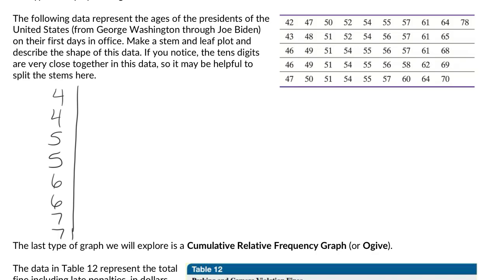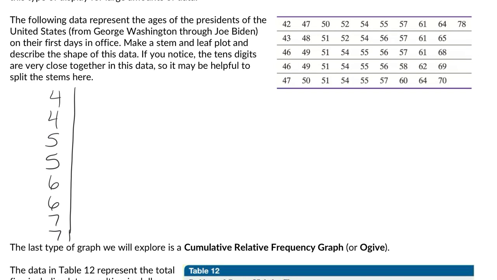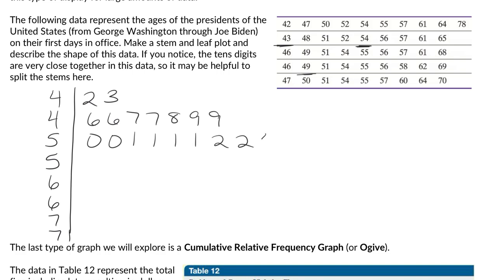Again, because these are in number order, it's going to be very easy for me to split them at the lower part of the decade and the upper part of the decade, which would mean that we have 42 and 43 on our first row, 46, 46, 47, 47, 48, 49, 49 on our next row. 50 through 54 will be the next one. So we have 50, 50, 51, 51, 51, 51, 52, 52, 54, 54, 54, 54, 54.